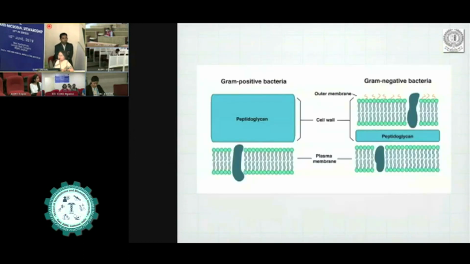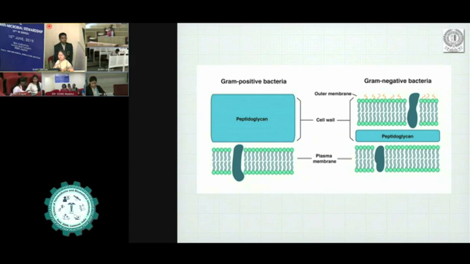So it is because of this difference in the cell wall structure of the gram-positive organism and the gram-negative organism that makes a bacteria gram-positive or gram-negative on gram staining.